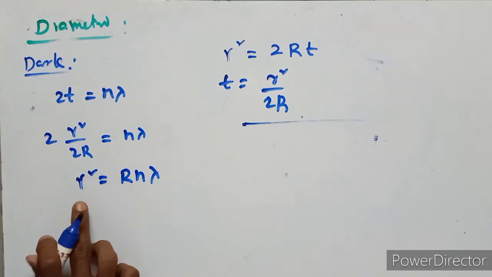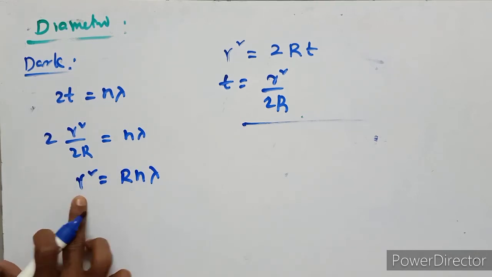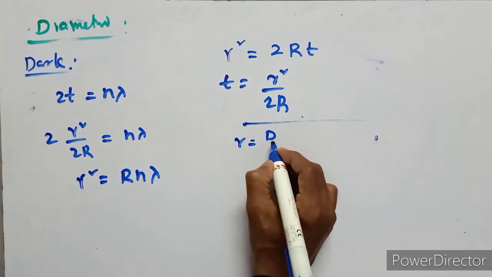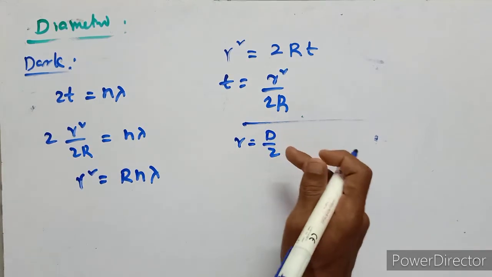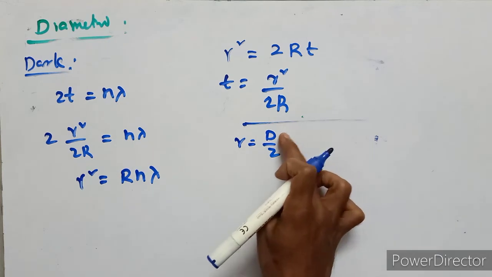Here r is the radius of the ring, but r = D/2. Half of the diameter is the radius.